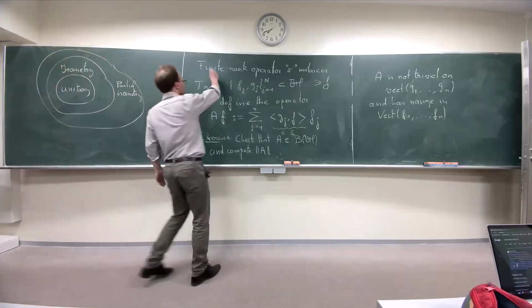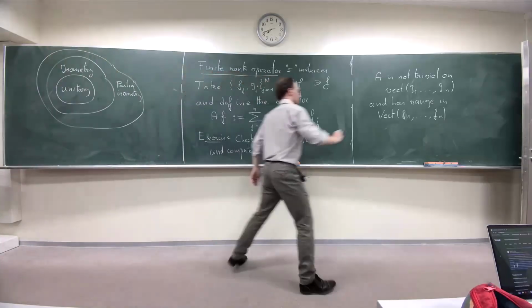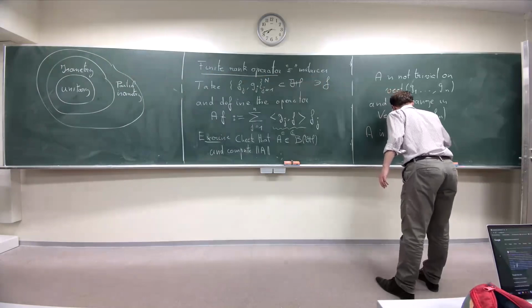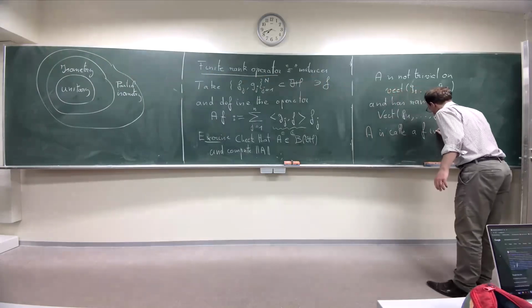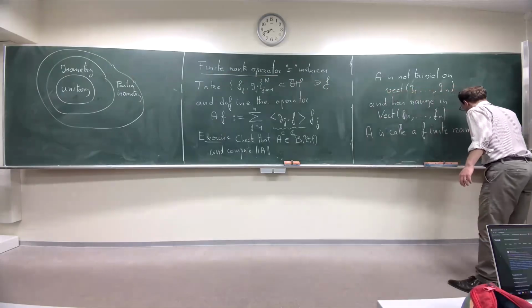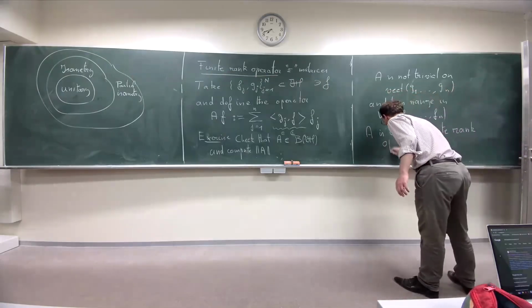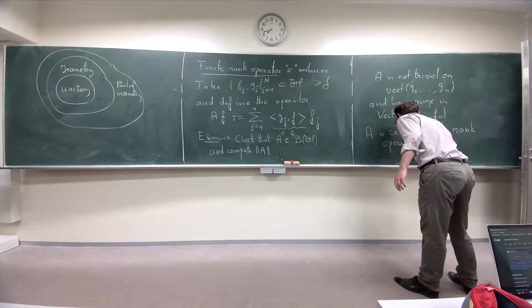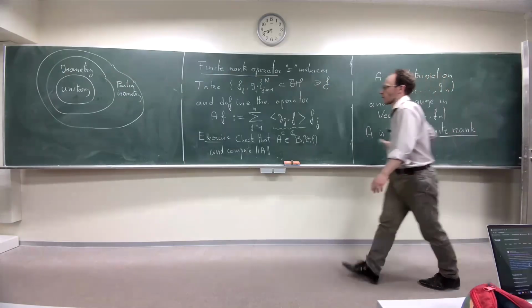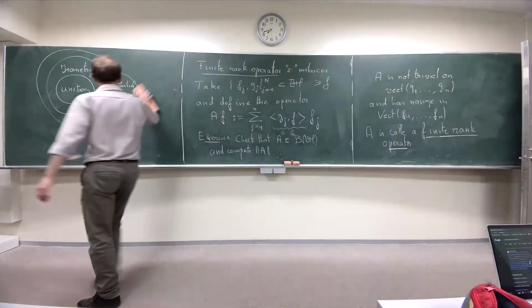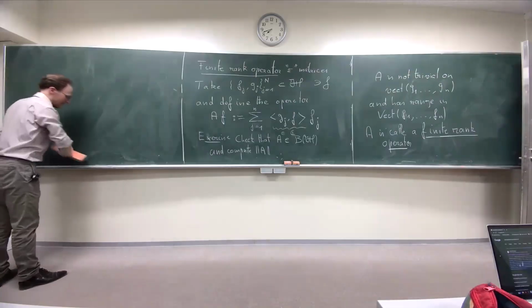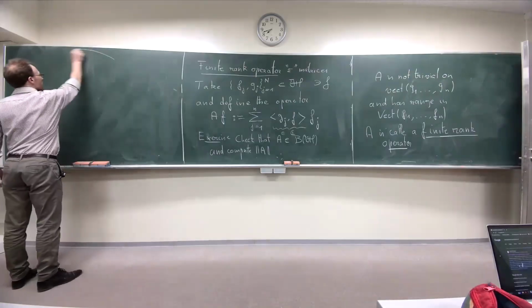So this is called a finite rank operator. A is called a finite rank operator. This is the official name. So let me do another picture, even if it is just a picture.